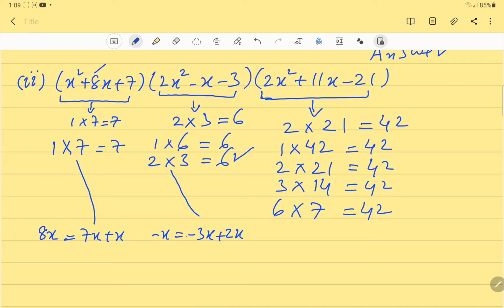Now the third one. In the third one we have to find a pair of factors which, if we add or subtract, we get 11, which is this one. Obviously this is the one, because when we subtract 3 from 14 we get 11. So instead of 11x we can write 14x minus 3x.